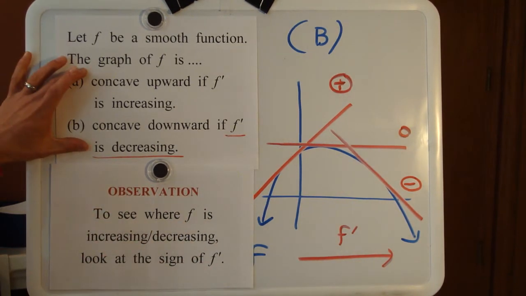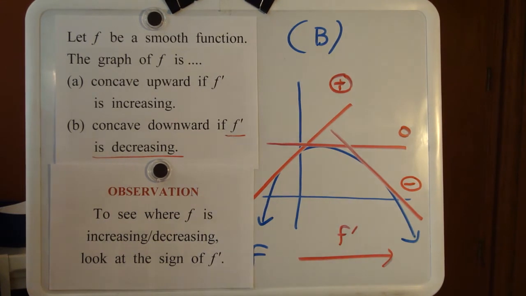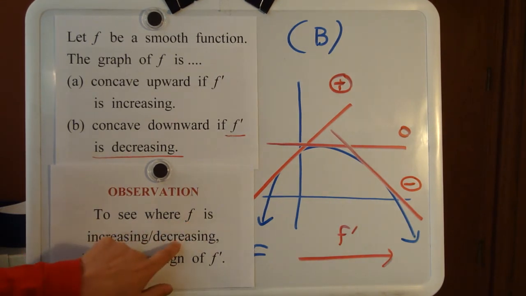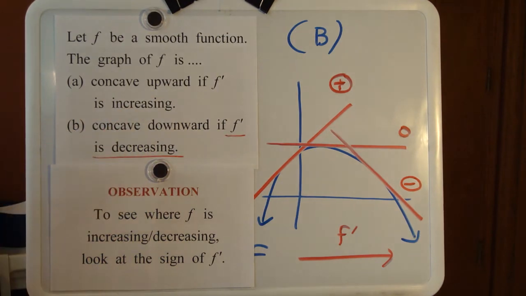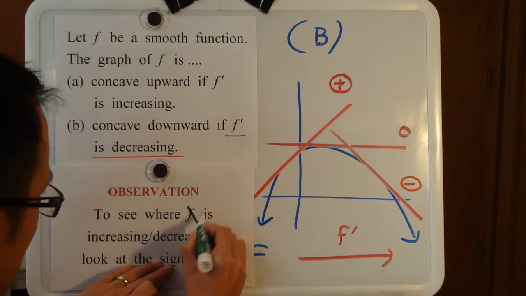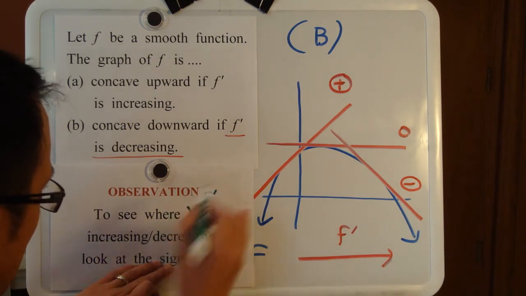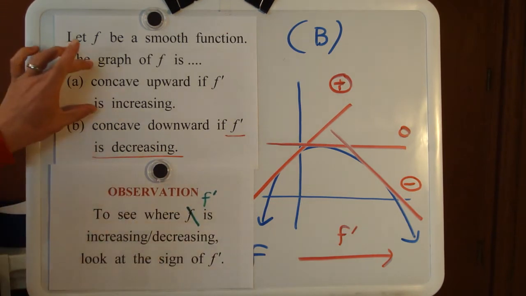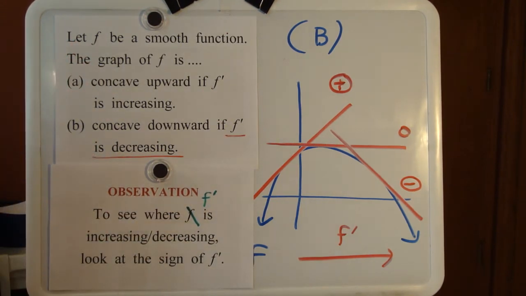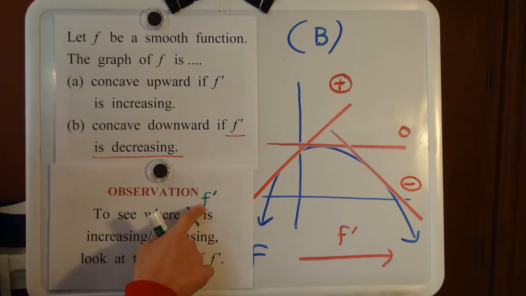If you look at the definition of concavity, this really isn't about where f is rising or falling, it's about where f prime is rising or falling. So if we make a modification on this observation, we don't really want f here, but we want f prime. To see where f prime is rising or falling, because it fits this definition, you would have to look at the sign of its derivative.